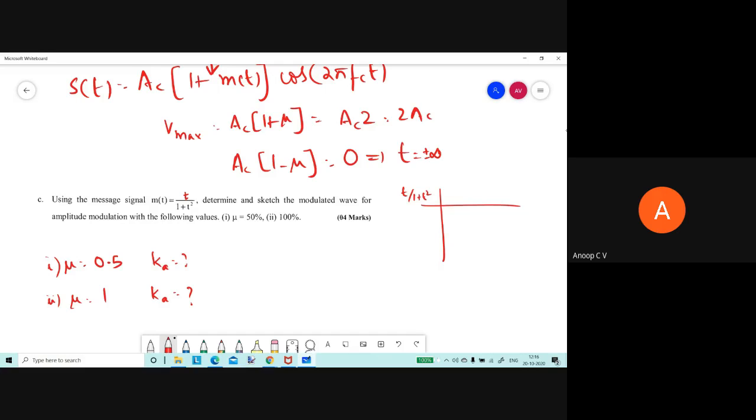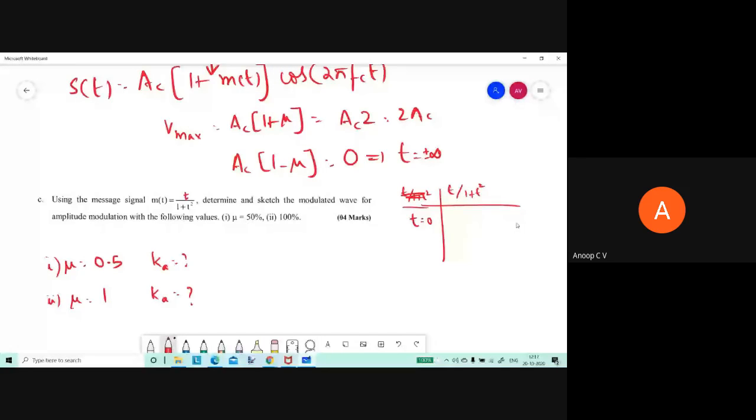So for different values of t, for t equal to 0, what will be t by 1 plus t square? If we substitute 0 in this, maybe I need some help here. Maybe I would like to call out Sherwin Brian. Yes, sir. So for t equal to 0, what will be the value of t by 1 plus t square?